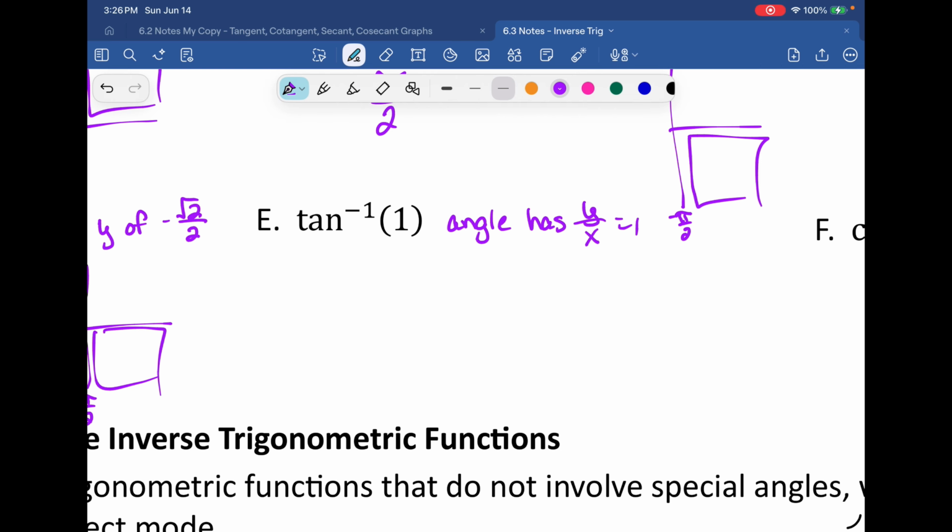Okay, so for that to exist, the x and y have to be the same. Tangent has this range, not including the pi over 2's. Tangent is positive in quadrant 1, where x and y are the same, is pi over 4.